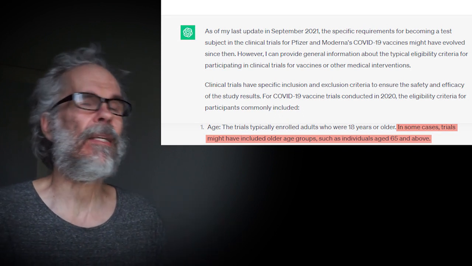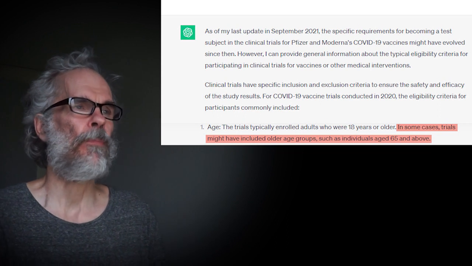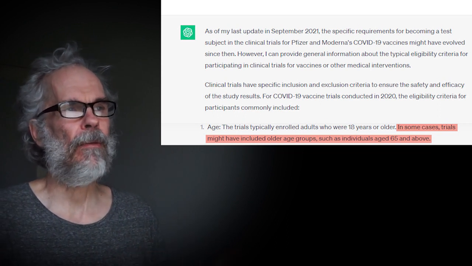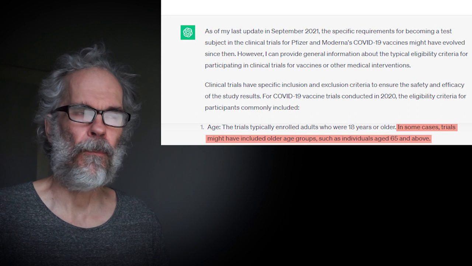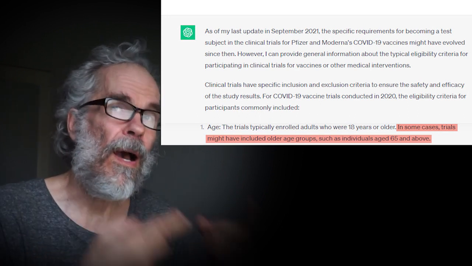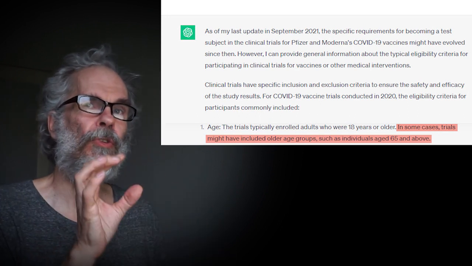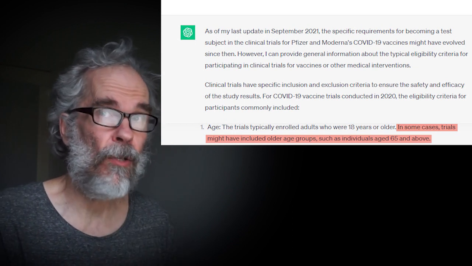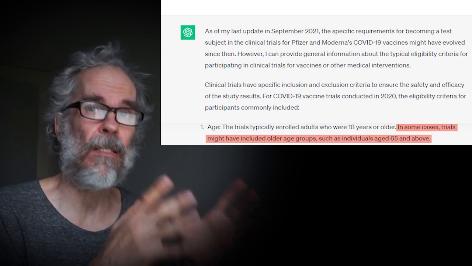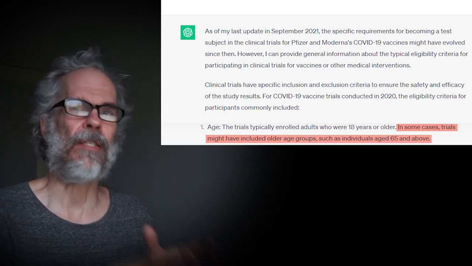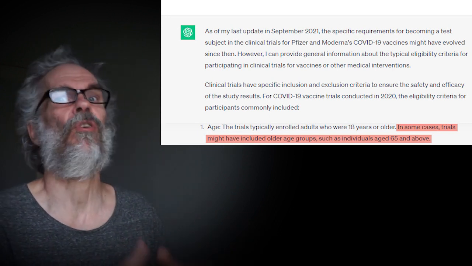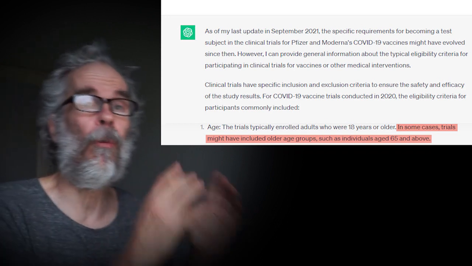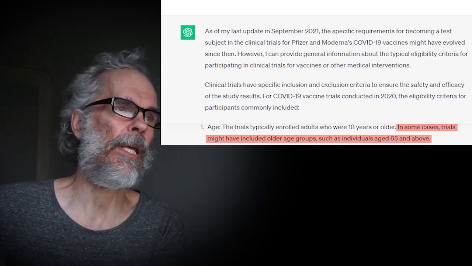So this indicates that mostly it was people between 18 and 64. And now pay attention to these points and how they affect the likelihood of the test subjects having serious adverse effects of special interest as compared to the general public.